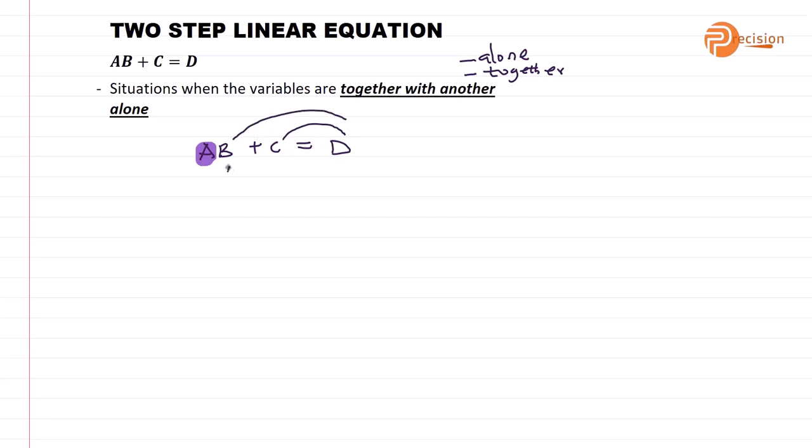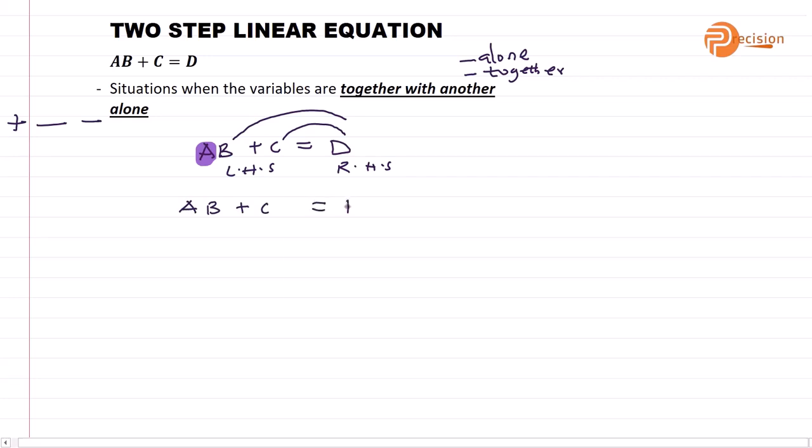Remember, this is your left hand side and this is your right hand side. Doing that, because c is alone and c has a plus, what do we do? We subtract. So we can say ab plus c is equal to d, and to take away c, like move it to this other end, we subtract c from both sides.